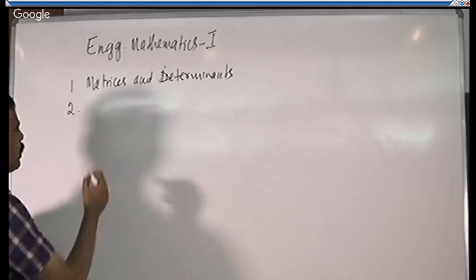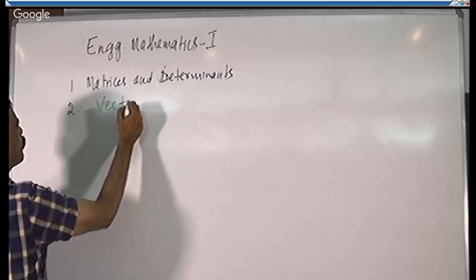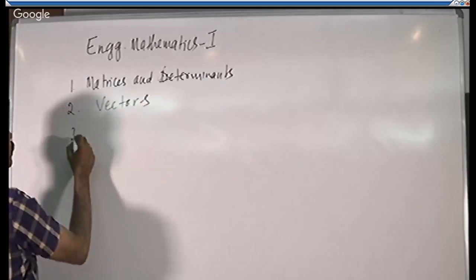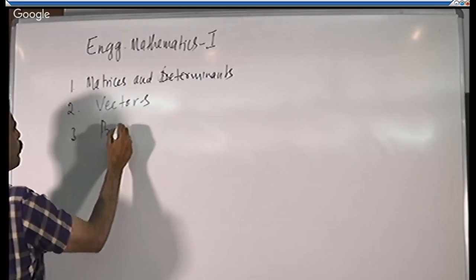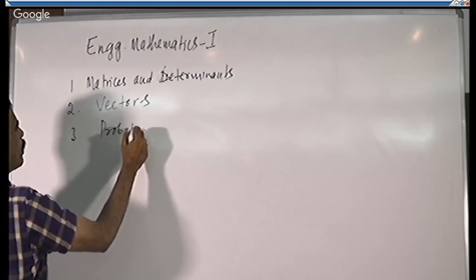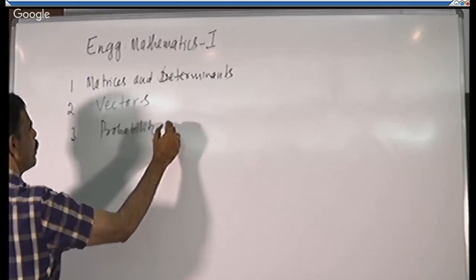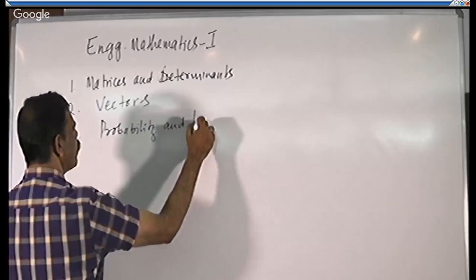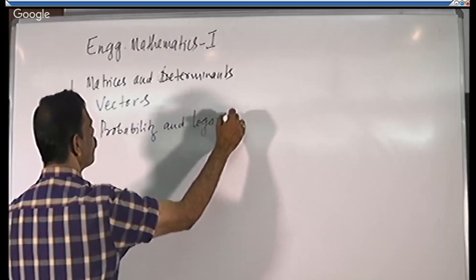Second unit, it is vectors. Third unit, it is probability and logarithm.